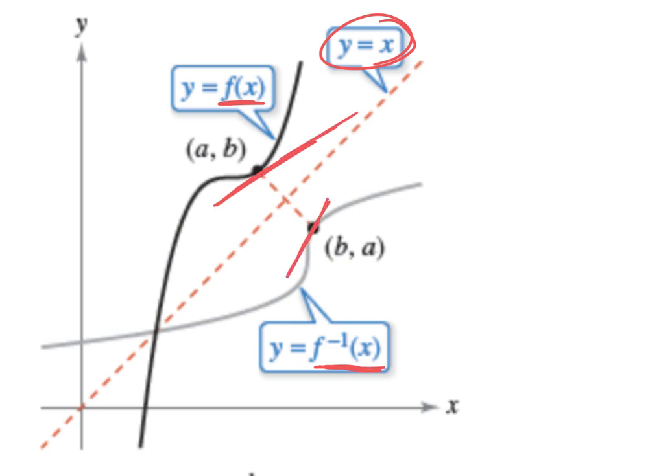Then we're going to find the derivative at this point, and we're going to see how they correlate. So again, there is a relationship between the slope of the tangent line, or the derivative, at (a, b) and on the inverse at (b, a). And I'm going to show you how to find this analytically.